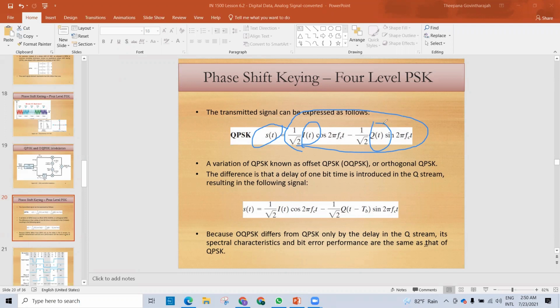For the QT channel, we are giving the sine wave, and for the IT channel, we are giving the cosine wave. And we have to subtract one from another.